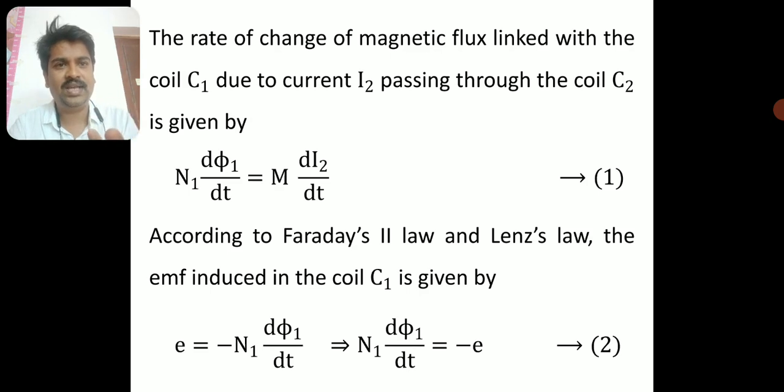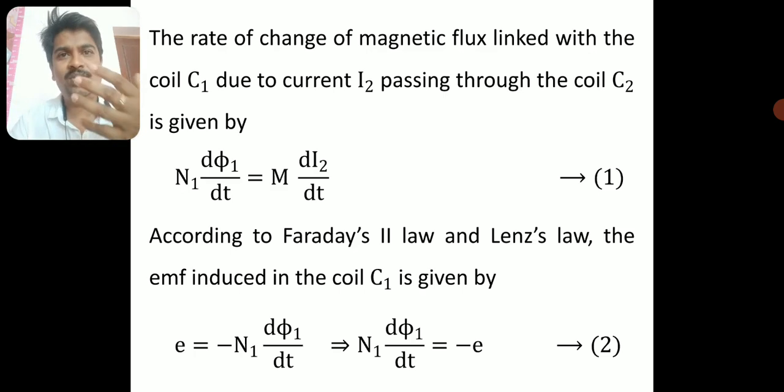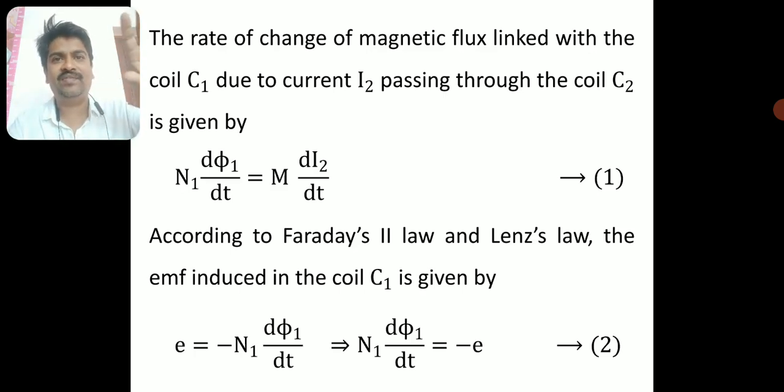As Lenz's law says, the EMF induced or current induced will oppose the change in the magnetic flux which is linked with the coil C1. So the change in the magnetic flux is d phi1 by dt. Therefore I am writing EMF as minus N1 d phi1 by dt.